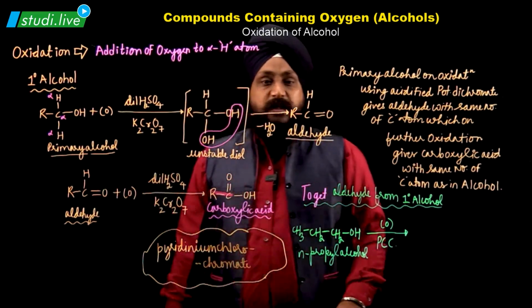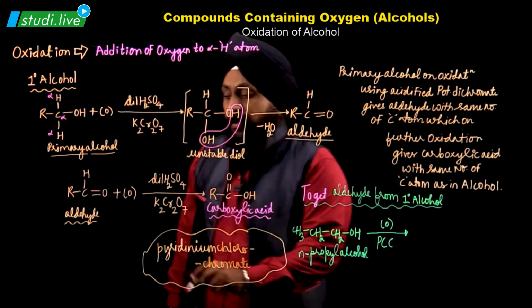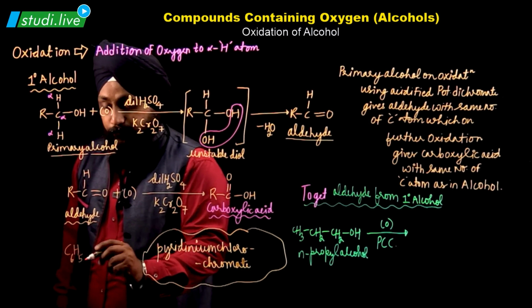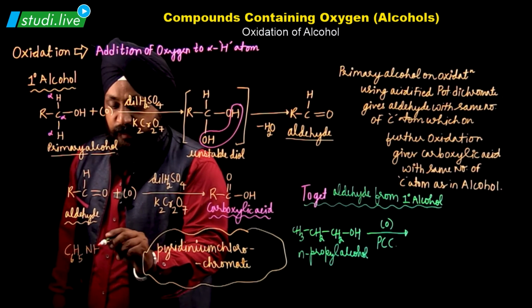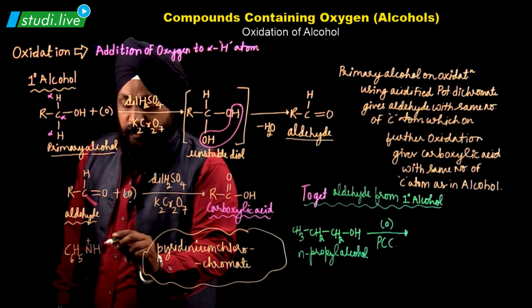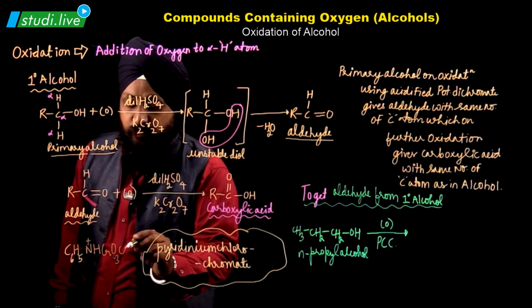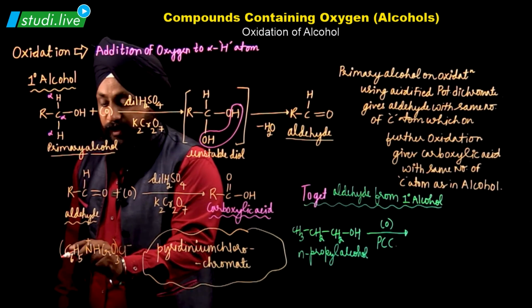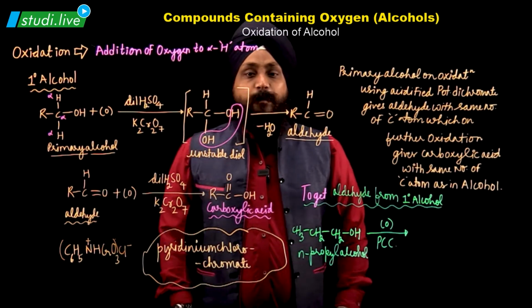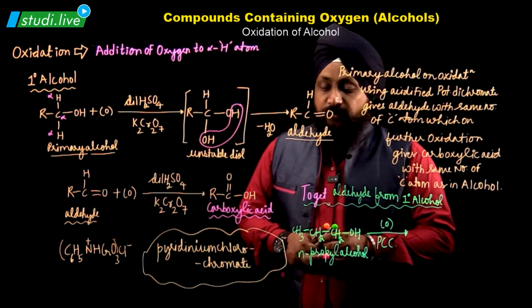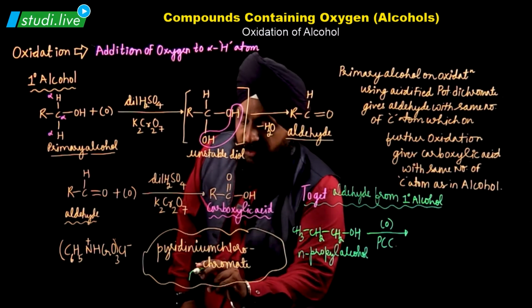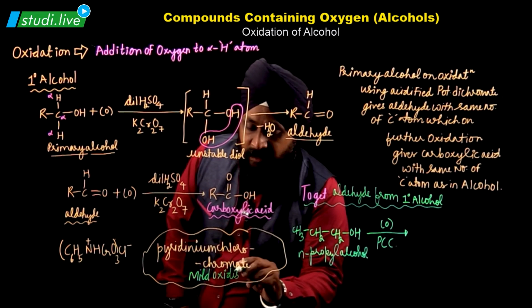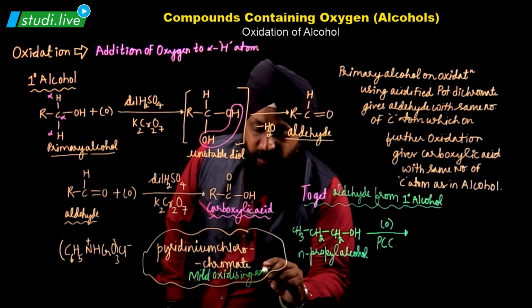This is PCC, pyridinium chlorochromate, which will be written as C6H5NH plus, that is pyridinium. Then there is chlorochromate, students. This is chloro, and then here you write chromate. This is your pyridinium chlorochromate, which is a mild oxidizing agent. Yes, it is a mild oxidizing agent.